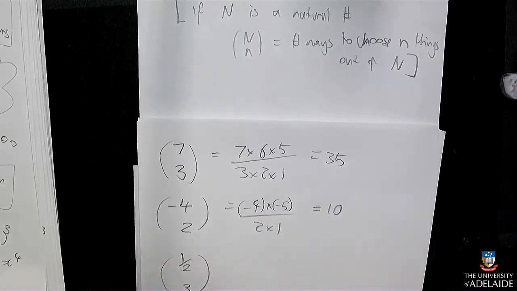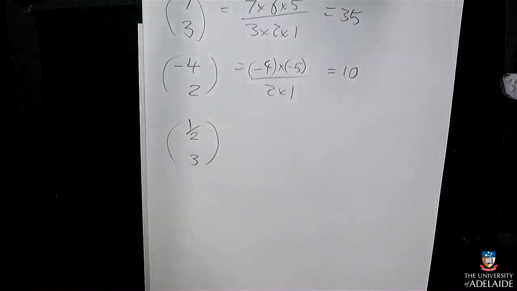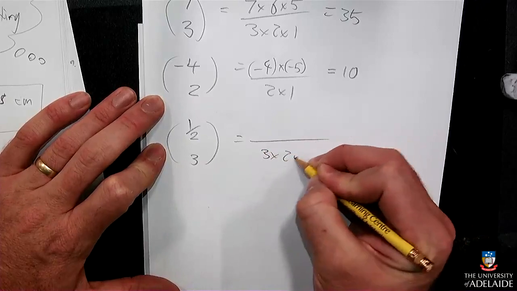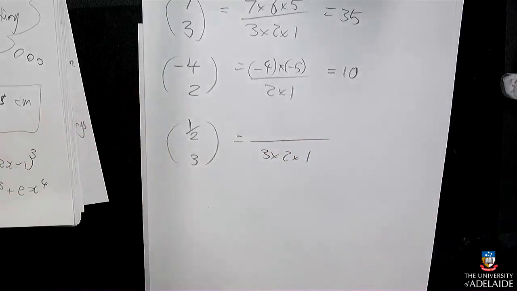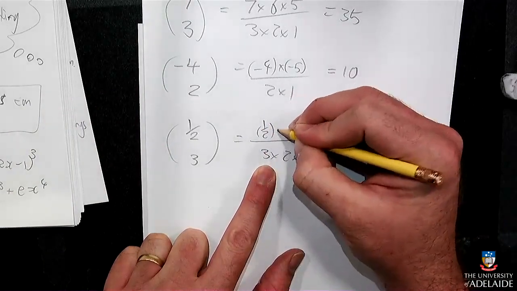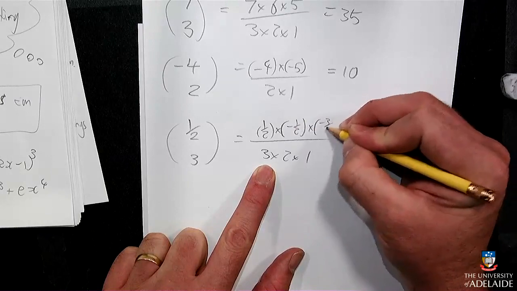A half choose 3. It's not really choose 3. We're not really doing chooses when we do this. It's just the easiest way to read it aloud. It will be 3 times 2 times 1 on the bottom, because that's always how you do it. And then I will start at a half, and I will have the same number of factors. I will go down by 1 to get minus a half. I'll go down by 1 again to get minus 3 on 2.